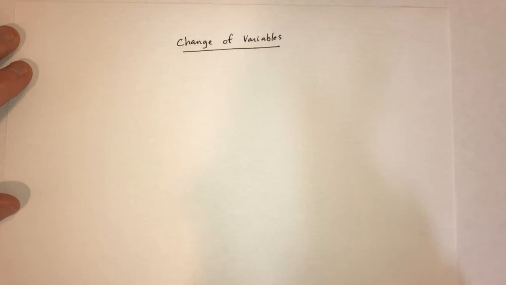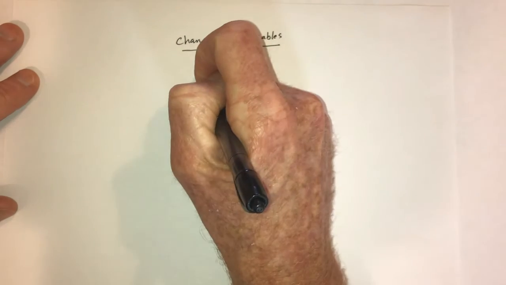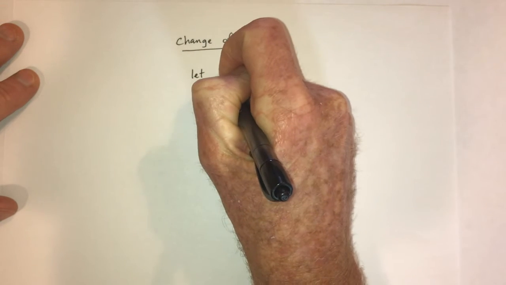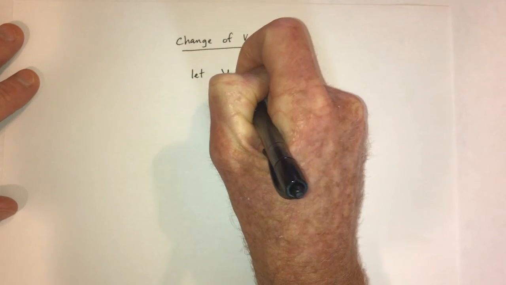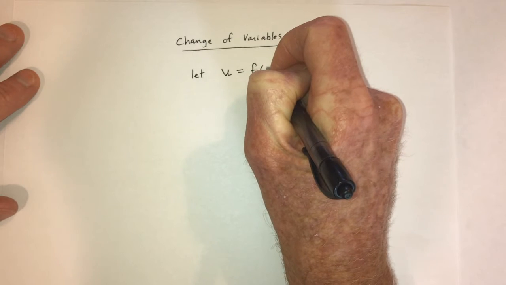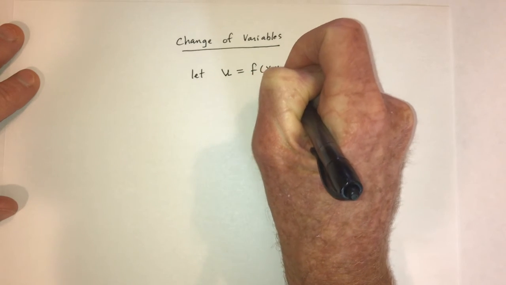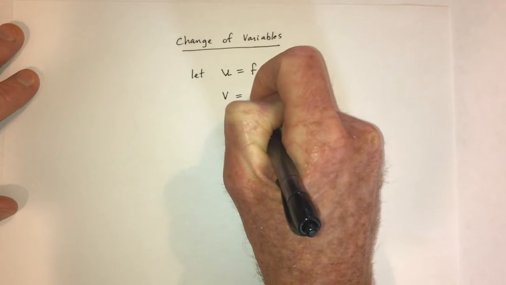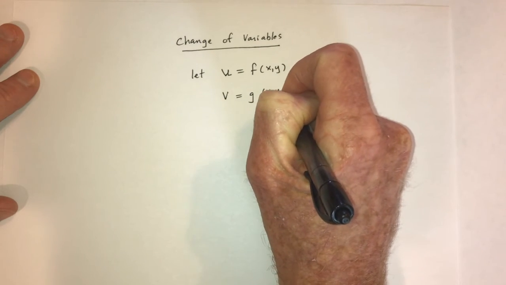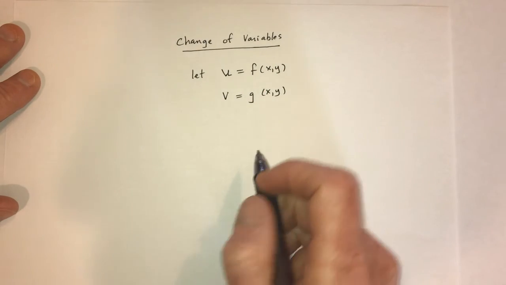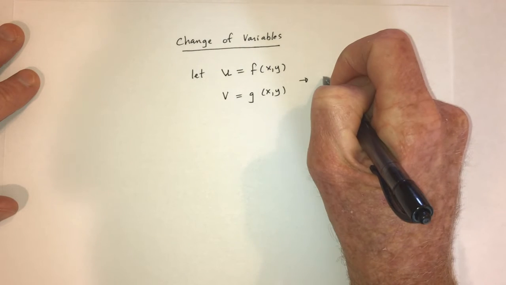So before we go on to the next example, let's just summarize how this works. So for the change of variables, you would make a substitution like, let's say that u equals a function of x and y, and then v is some other function of x and y. Then what you need to do is solve for x and y.